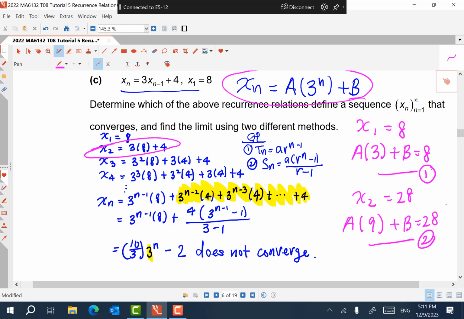So now can you solve it mentally, the simultaneous equation, and tell me what would you get for A? By solving them simultaneously, believe me that your A will turn out to be equals to 10 over 3 and B is really minus 2. You check the simultaneous equation.